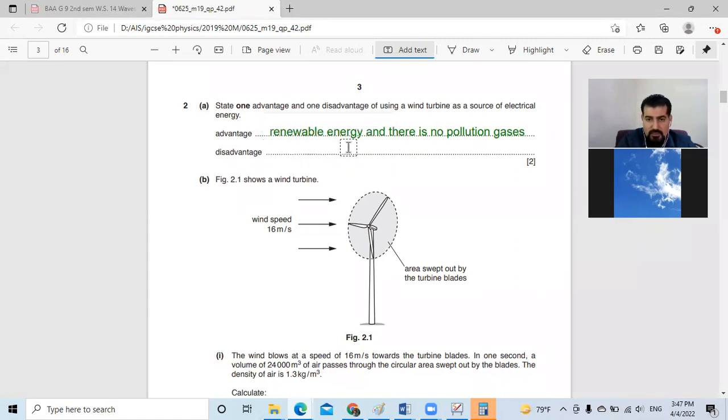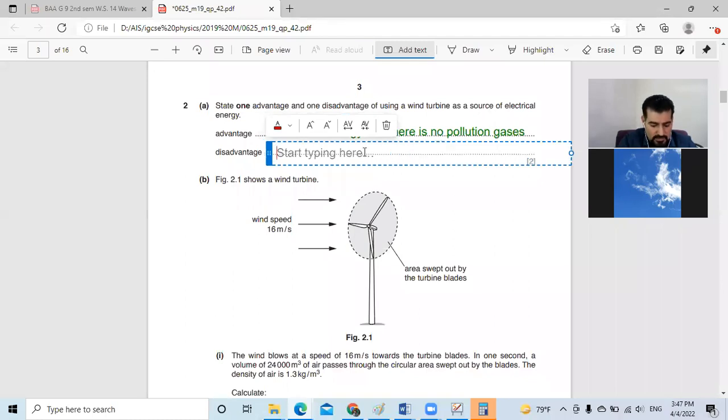For example, I'm going to write: wind does not have a constant speed of blowing.